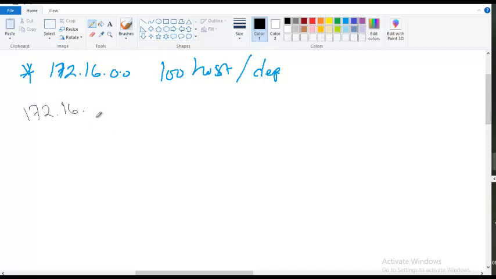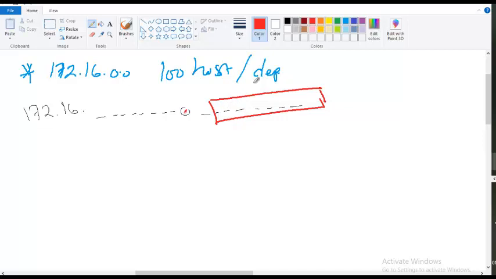172.16. You got 16 bits. Now in these 16 bits, I need these many bits for host. That is right. Perfectly done.